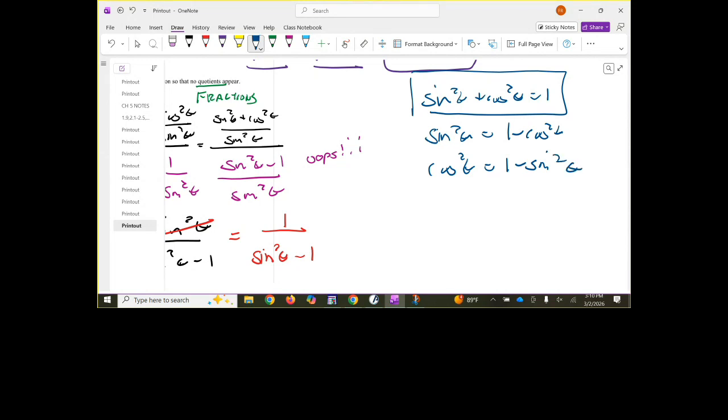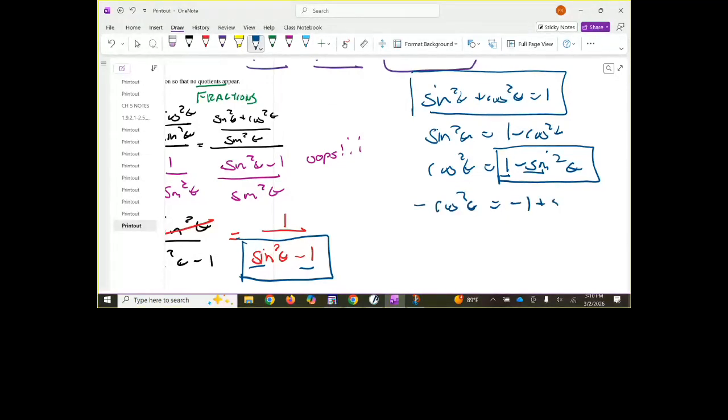Okay. So I want you to look at this guy right here, and I want you to look at this guy right here. They're almost the same. The difference is here, the 1 is positive, and here the 1 is negative. Here the sign is negative, here the sign is positive. If we were to do this, y'all, then we would say, look, that's just a negative cosine squared.